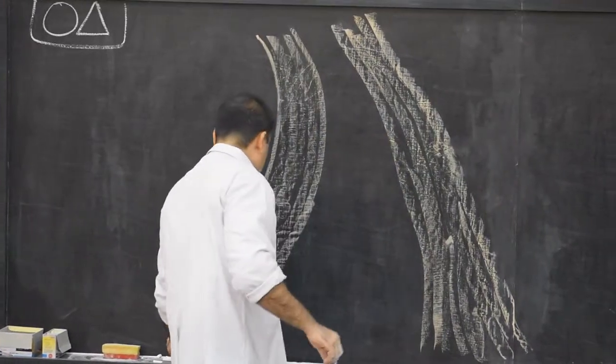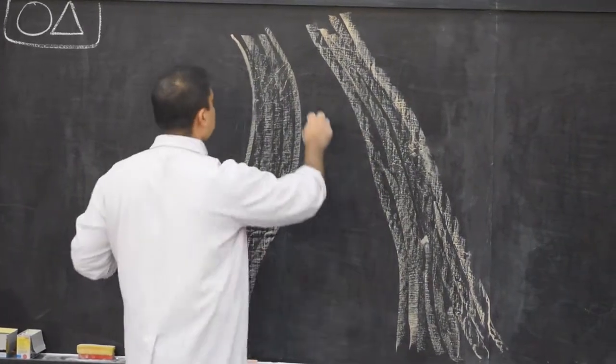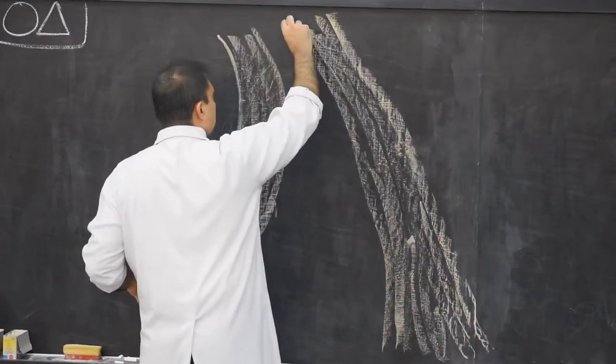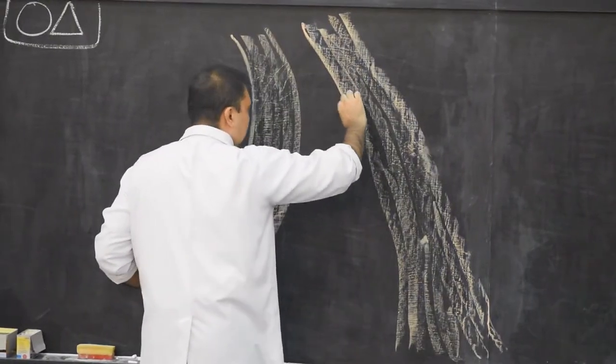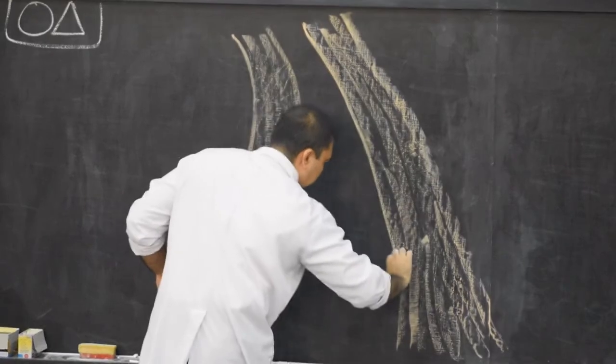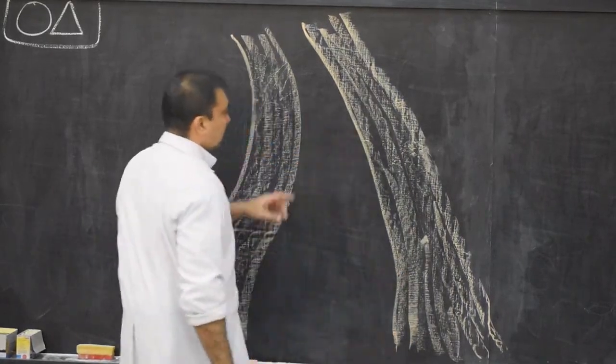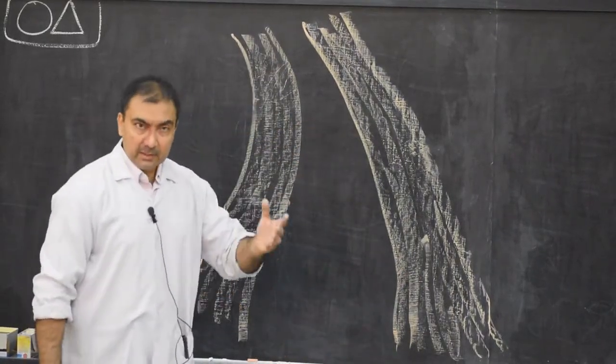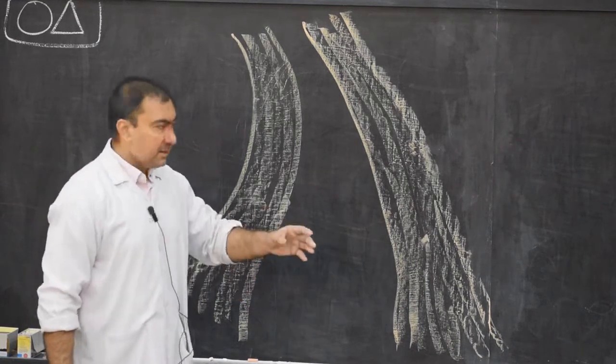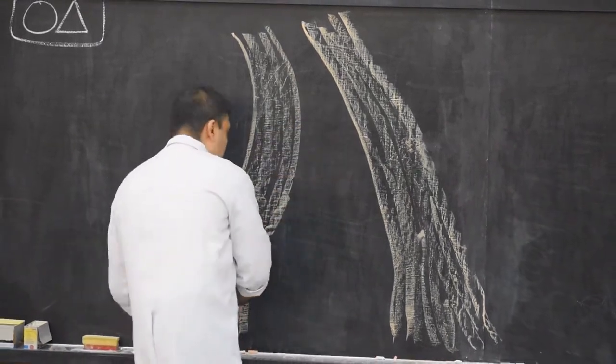So our triangle is limited anteriorly, this occipital triangle will be having the posterior border of sternocleidomastoid. Boundaries of occipital triangle, anteriorly, posterior border of sternocleidomastoid.